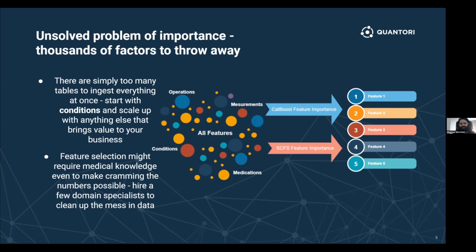But the problem is you cannot just crunch the numbers and get everything you want. Probably you need some medical knowledge to throw away something, maybe adapt somehow, and basically then start iterating. So that will be like a central topic of what we'll be discussing. Everything is about the medical knowledge and iterating in small steps. Otherwise, everything is breaking up and it's very hard to figure out why.